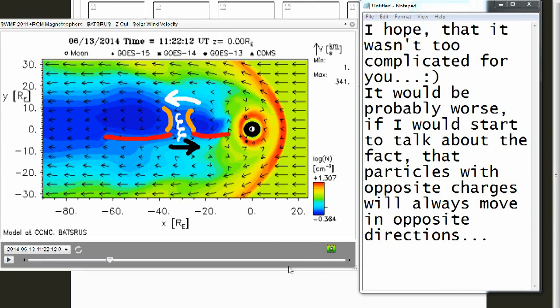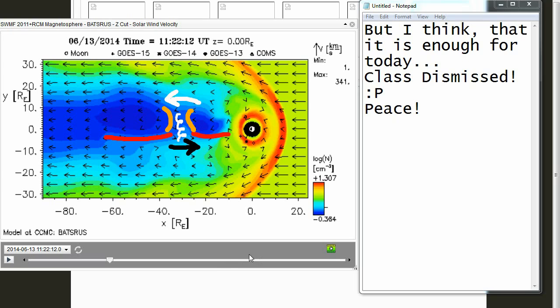I hope that it wasn't too complicated for you. It would be probably worse if I would start to talk about the fact that particles with opposite charges will always move in opposite directions. But I think that it is enough for today.